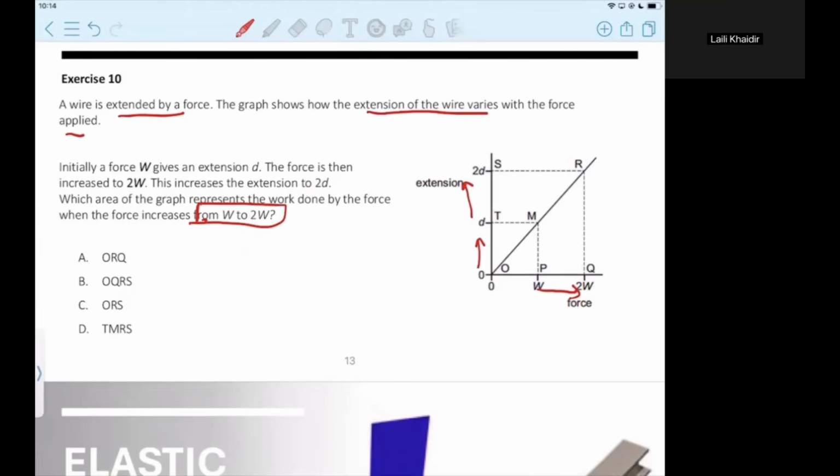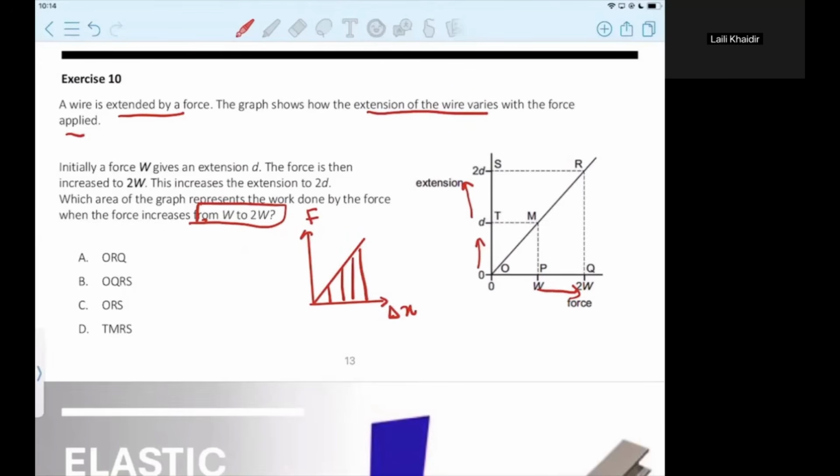And then, you've learned the graph of force versus extension, where the gradient will give you the spring constant or the stiffness of the material, and the area under the graph will give you the energy or work done by the force.